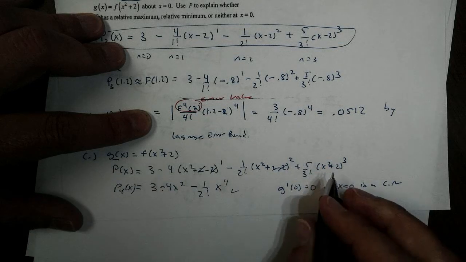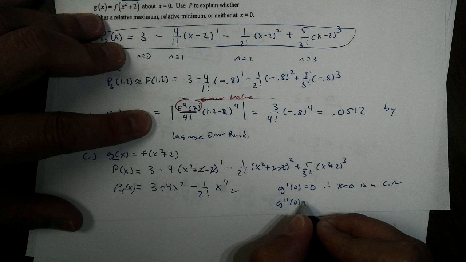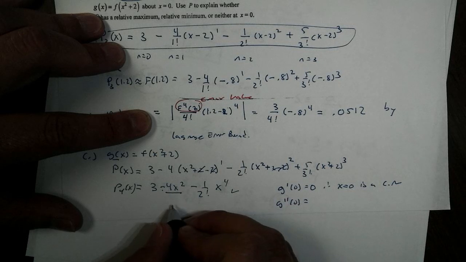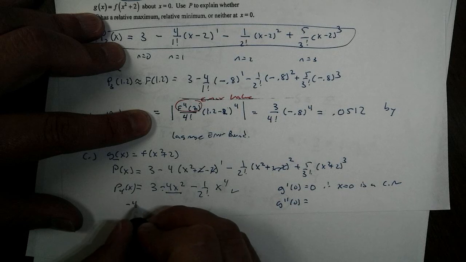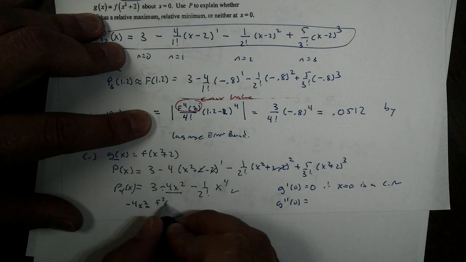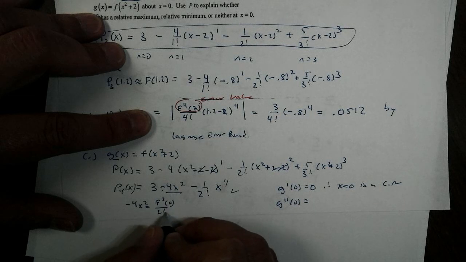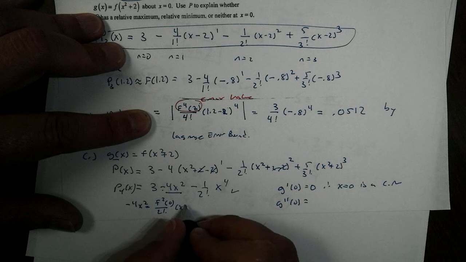And I can use the second derivative test. Well, what is the second derivative at 0? Well, to do that, I have to look over here, and I'm going to use my Taylor polynomial. Remember this negative 4 x squared has to equal the second derivative at 0 over 2 factorial times x squared.